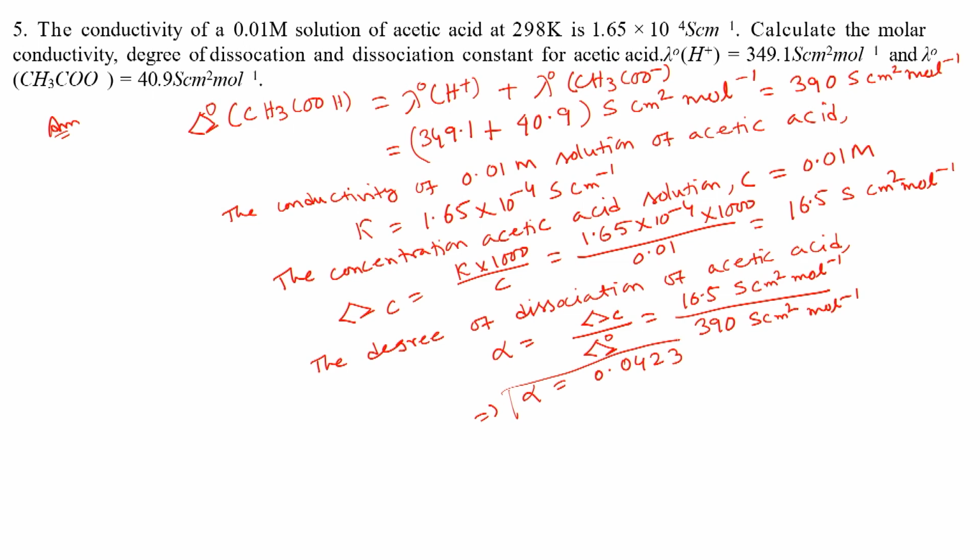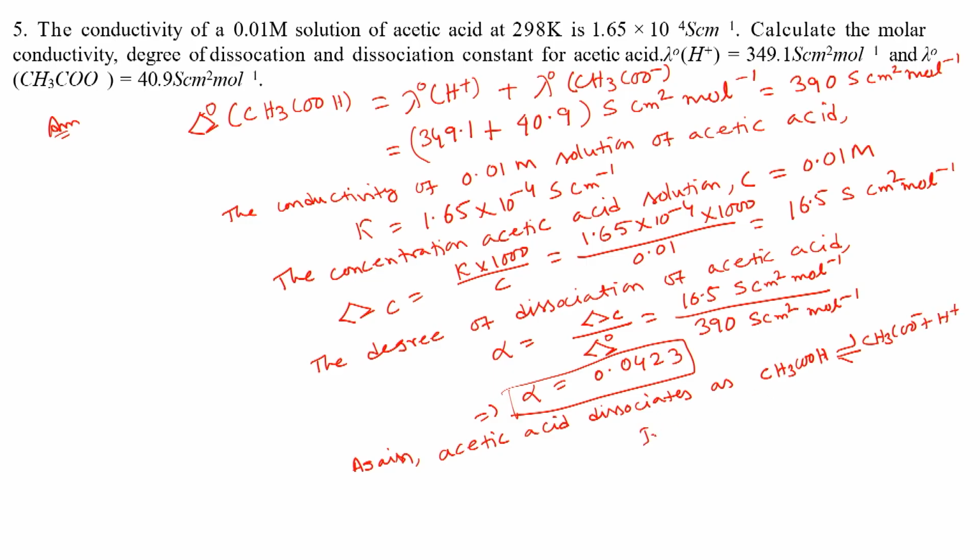So, we got the value of degree of dissociation of acetic acid alpha, and we need to calculate the dissociation constant also. Okay. So, acetic acid again dissociates as acetic acid is in equilibrium with CH3COO minus plus H plus, right.